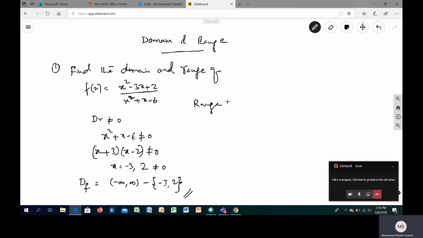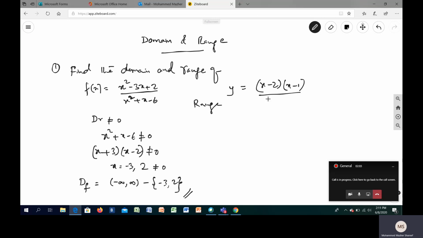As far as the range is concerned, we'll work out the factors of both the numerator and the denominator and check whether anything gets cancelled. So what are the factors of x square minus 3x plus 2? Minus 2 and minus 1, so x minus 2, x minus 1.